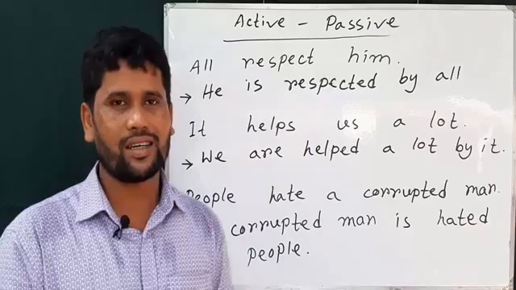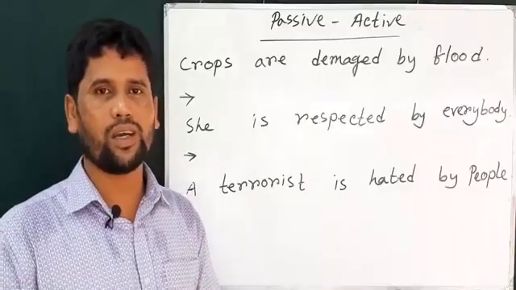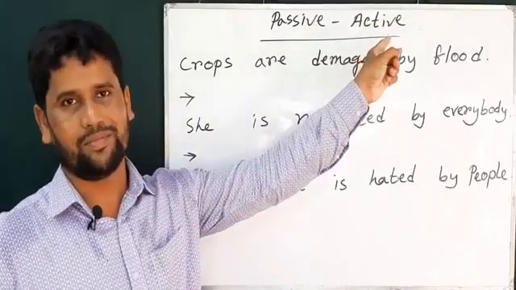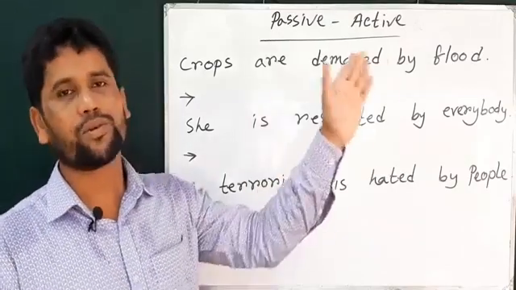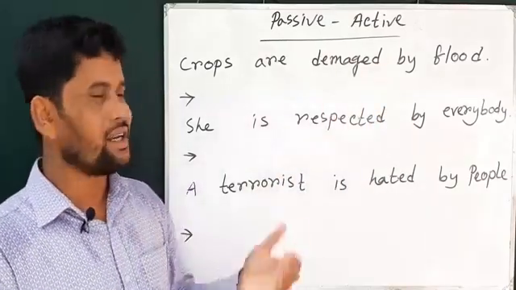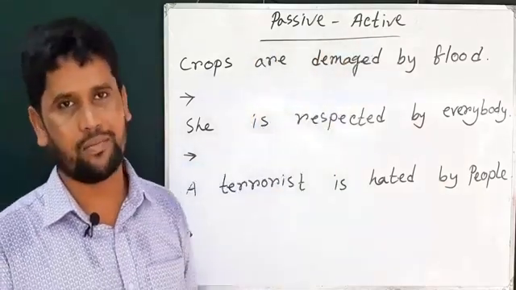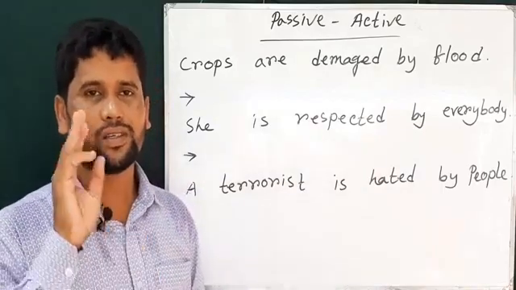So let's start how we can change it from passive to active. Sometimes we are asked to change from passive to active. Previously I changed active to passive, but now I am going to change passive to active. When we change any sentence from active to passive, we follow 6 steps.